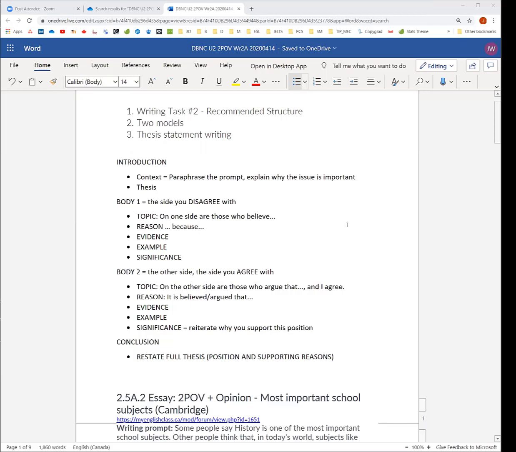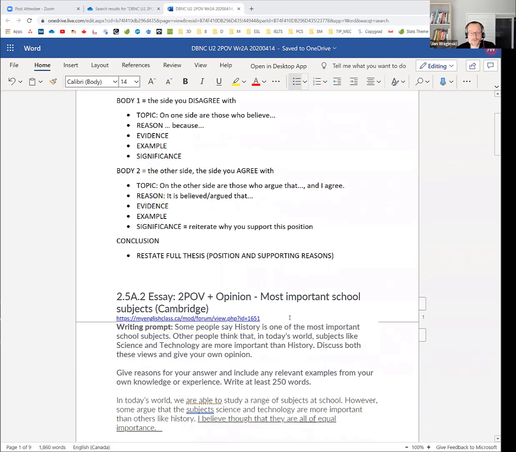Like I'm writing, I agree with people saying that students should study or choose futuristic careers. Oh, futuristic. Yes. Futuristic means something that looks like it came from the future.